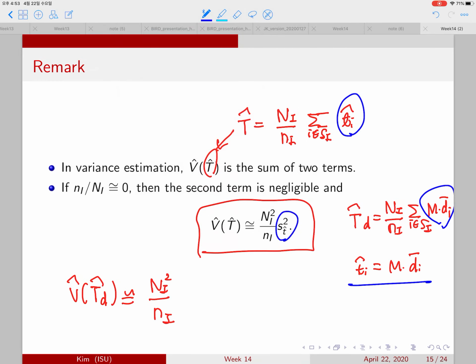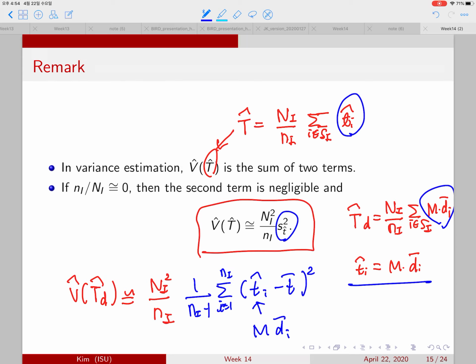So what is s_t squared? S_t squared is 1 over n minus 1 times the sum over the sample clusters of t hat i minus t bar. Now you can put this here and apply.